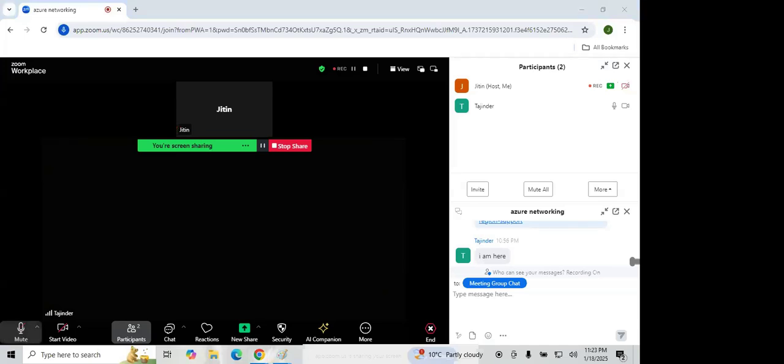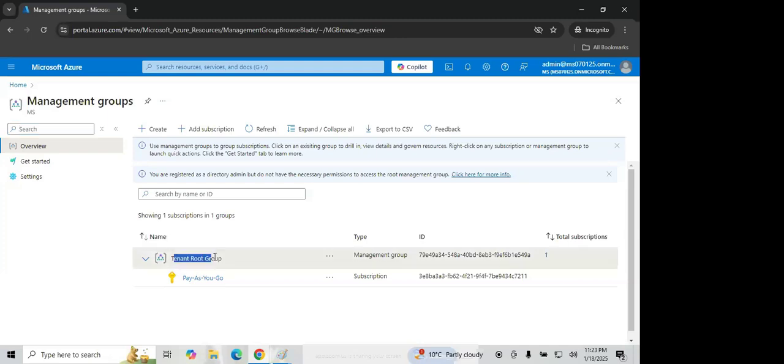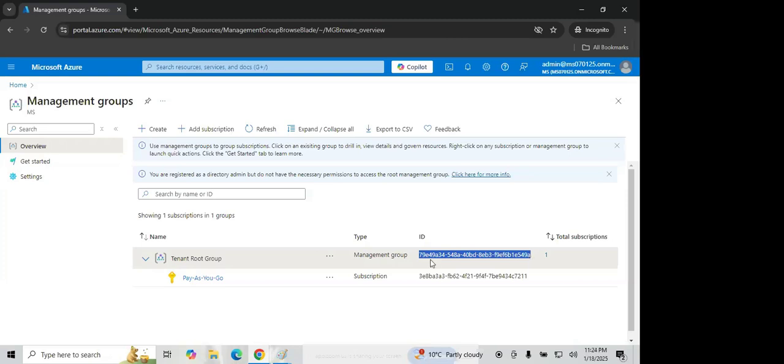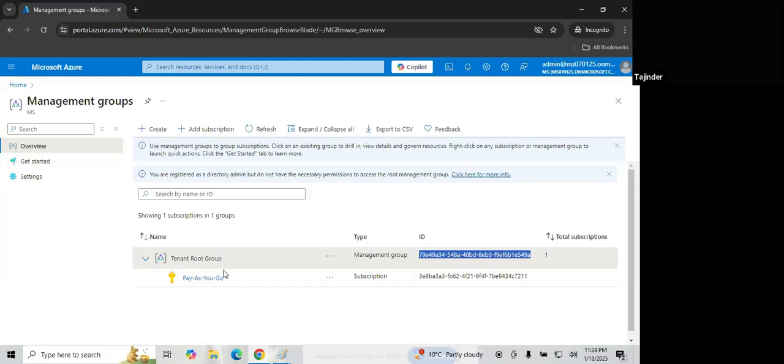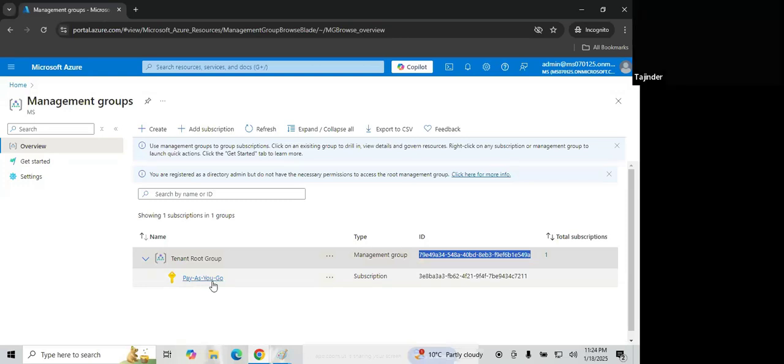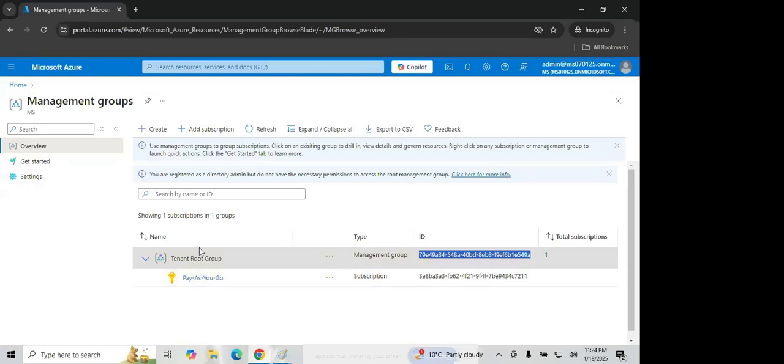In front of this tenant root group, I can see the ID. This is nothing but the tenant ID, right? So what is tenant? What is directory? All these concepts we will talk about in the upcoming sessions. Now in this tenant, how many subscriptions do we have? As of now, we have got one subscription. And just like every tenant root group has an ID, every subscription also has an ID.